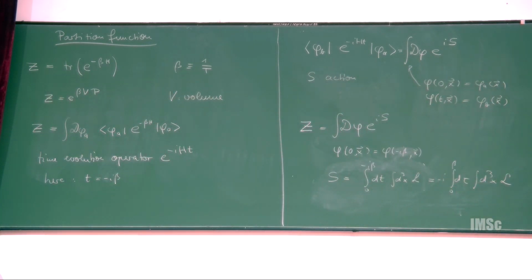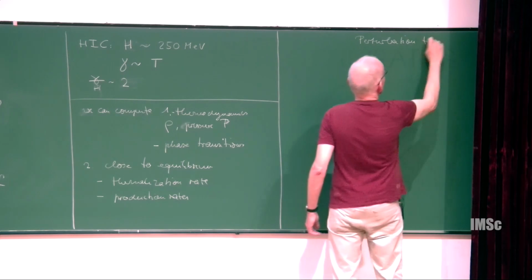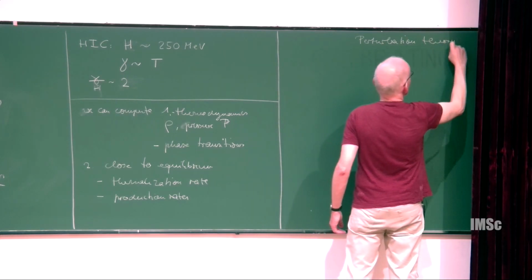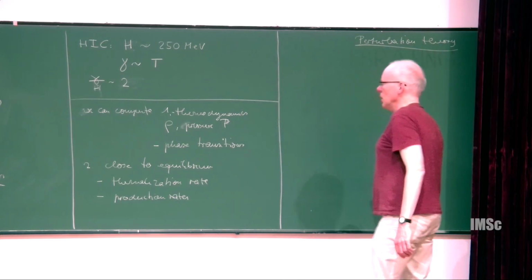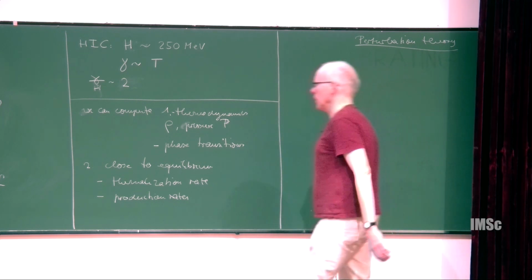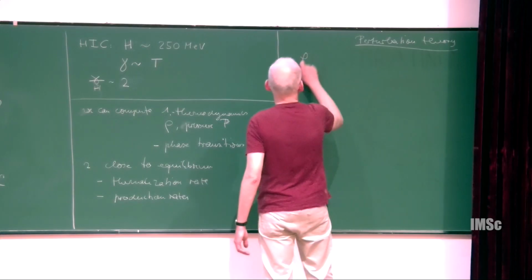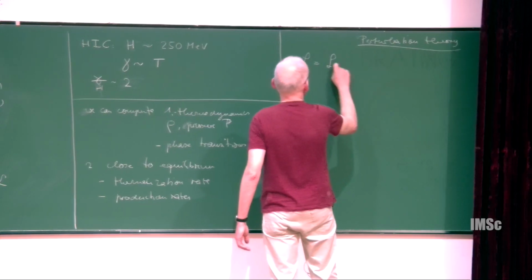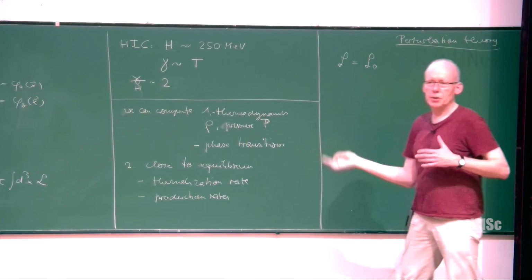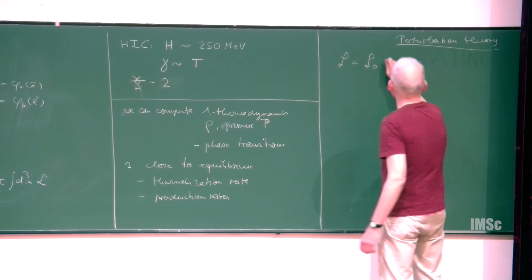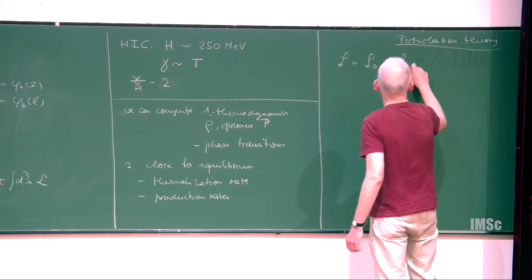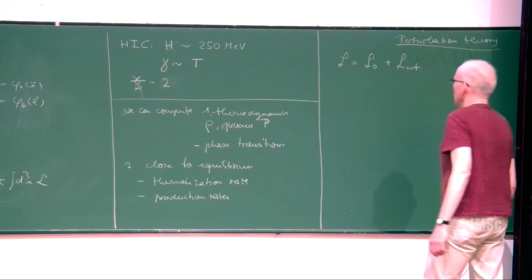So how do you do perturbation theory in the path integral? Well, it works as usual. We say our Lagrangian contains a free part, which would describe free, non-interacting particles, plus some interaction.